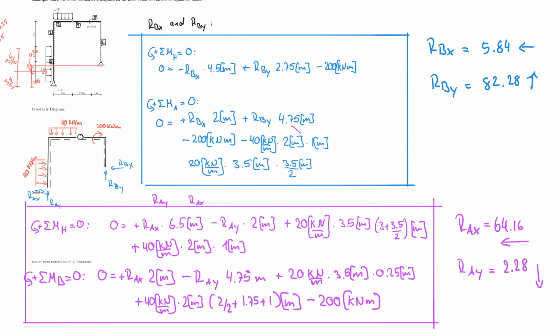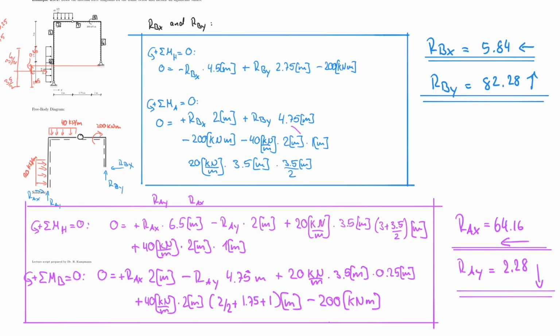So my result would also be positive in this set of equations. That tells me I have solved my support reactions, which I can use to draw my internal force diagrams for this hinged frame, which is what we would do next.